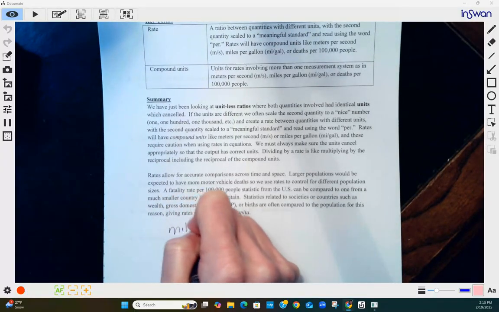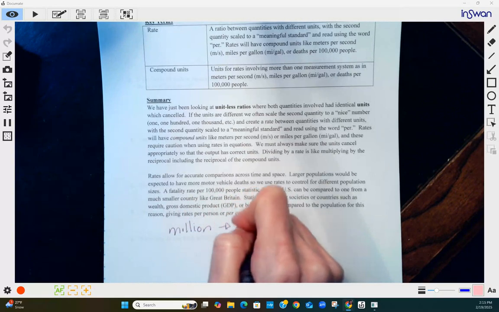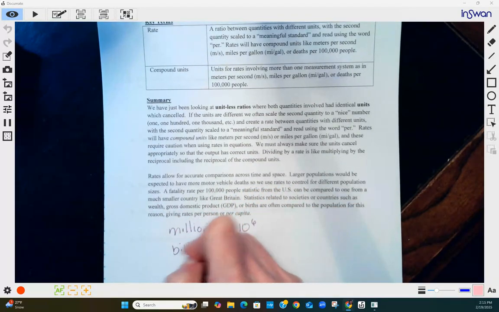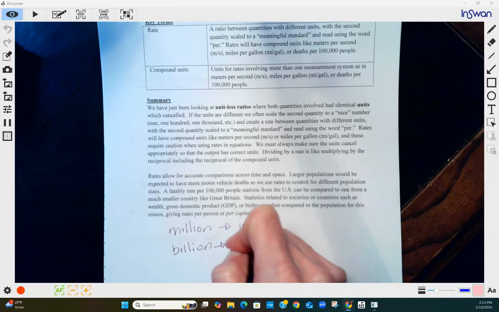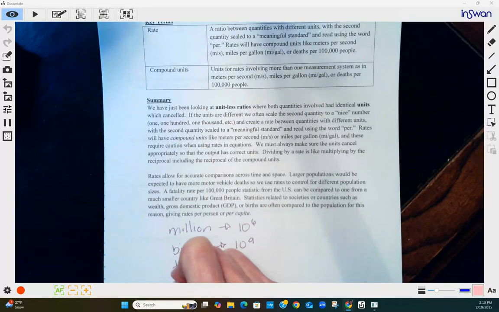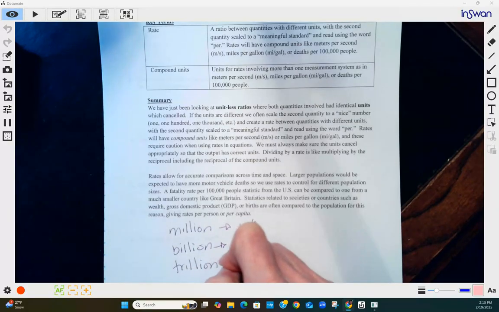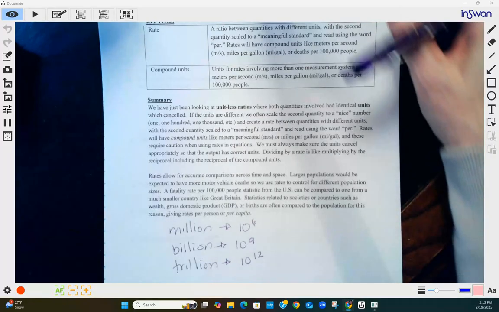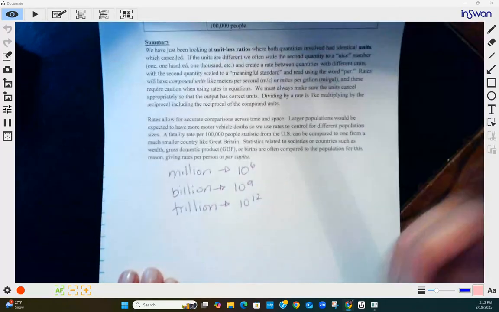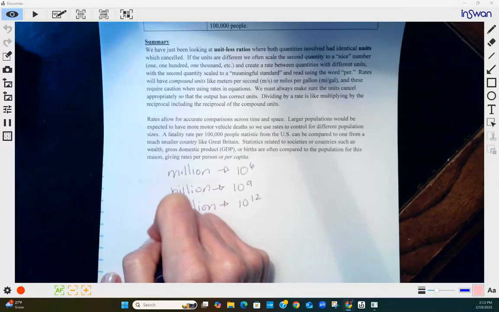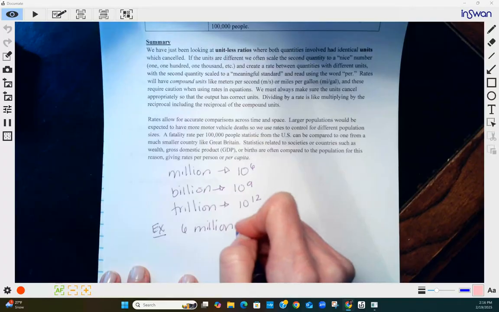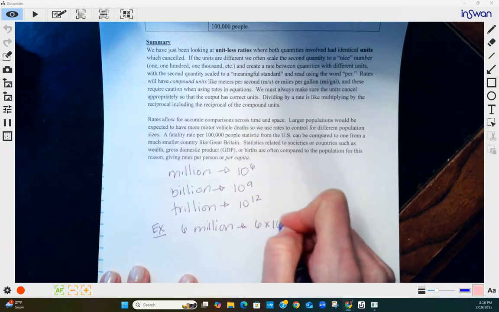If it says million, that equates to 10 to the 6th power. Billion equates to 10 to the 9th power. Trillion, 10 to the 12th power. Every time we go up from million, billion, trillion, we're adding another 3 zeros. So, for example, 6 million is the same thing as 6 times 10 to the 6th.